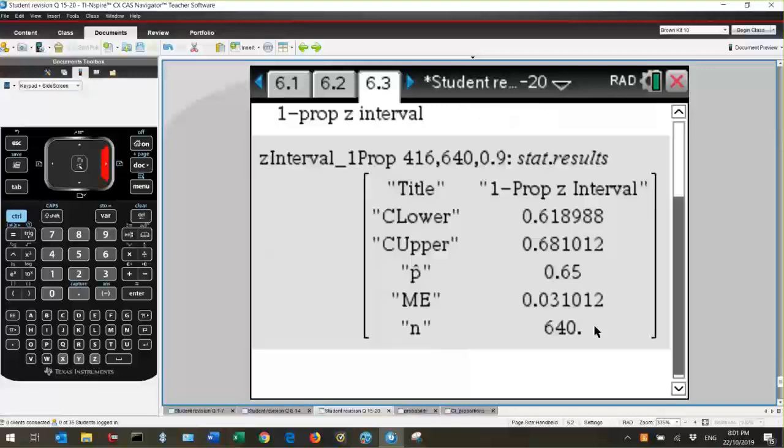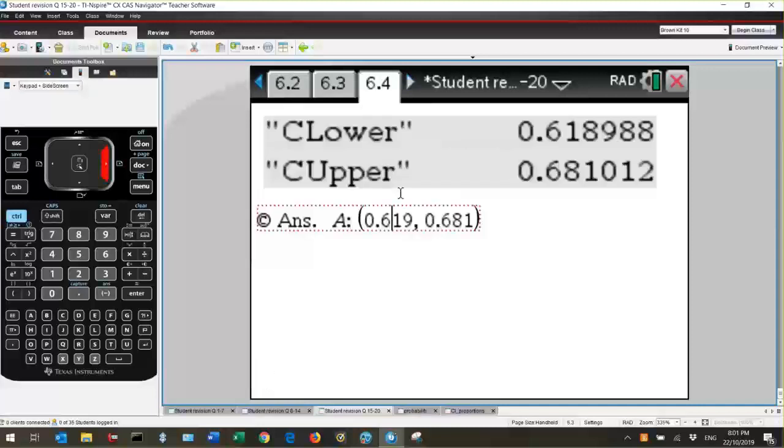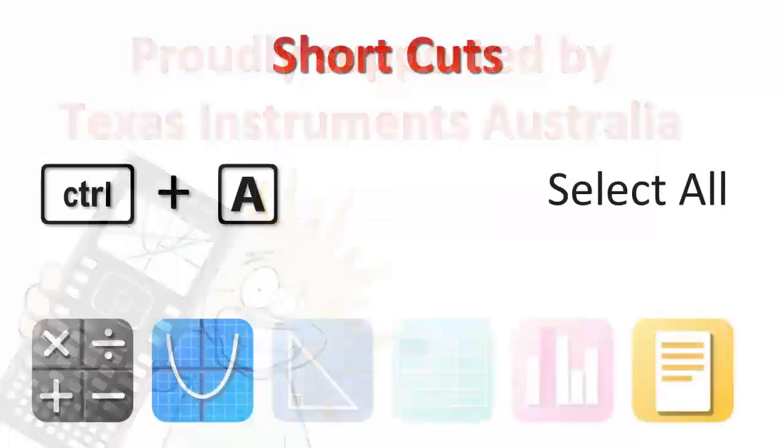And bingo, that's the lower limit and the upper limit of the confidence interval. So the answer is A, 0.619 to 0.681. And I think I'm out of time, so thank you all very much.